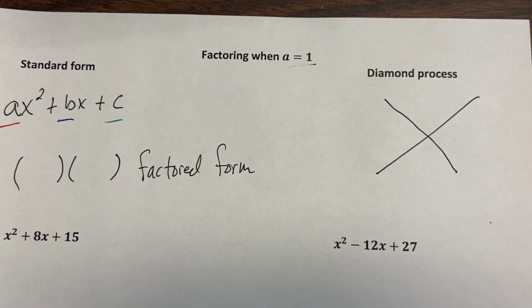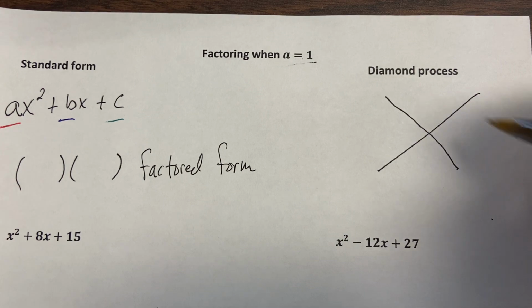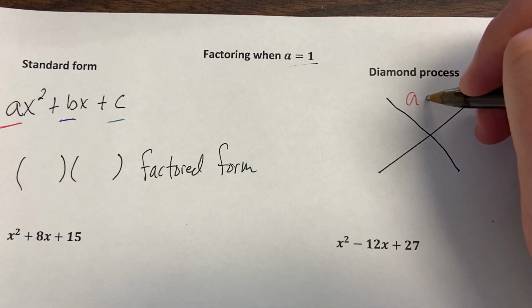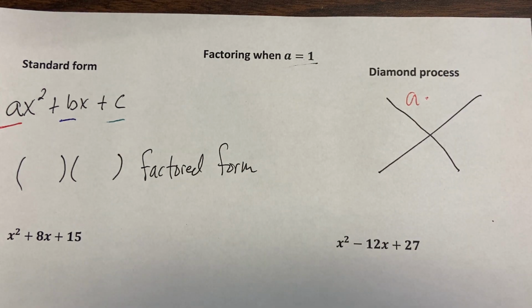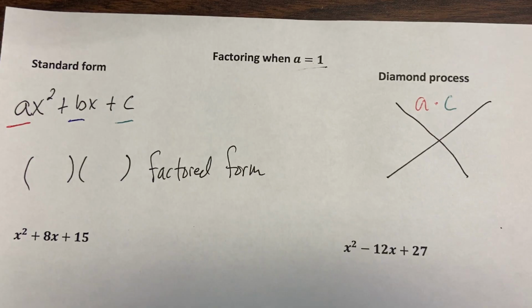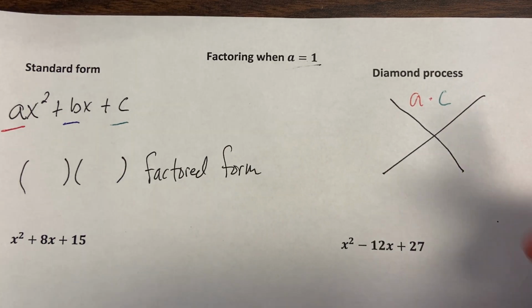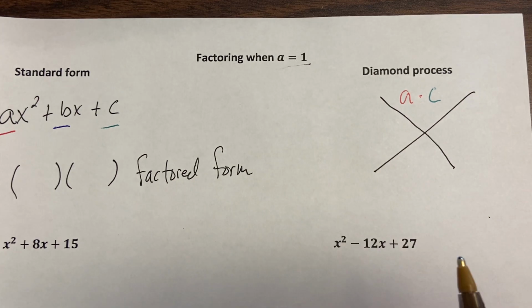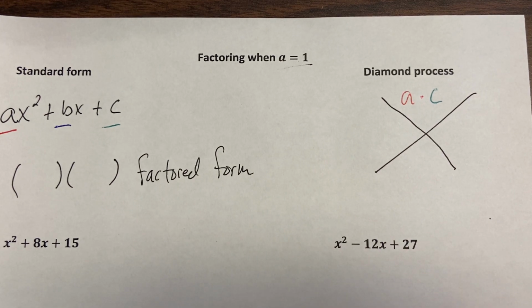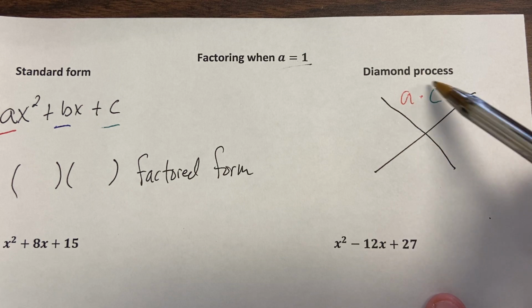The diamond. Remember how these diamond problems worked? On top of the diamond is the product, and it's the product of the a value times the c value. Now, when the a value is 1, obviously you're always multiplying by 1 here, but I went ahead and wrote a times c anyway, because when we get to factoring more complex stuff later in the chapter, this is what we're going to use.